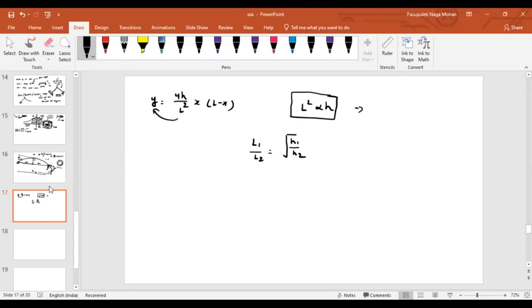Even if you don't want to complicate things, with this simple formula also we can find it out.